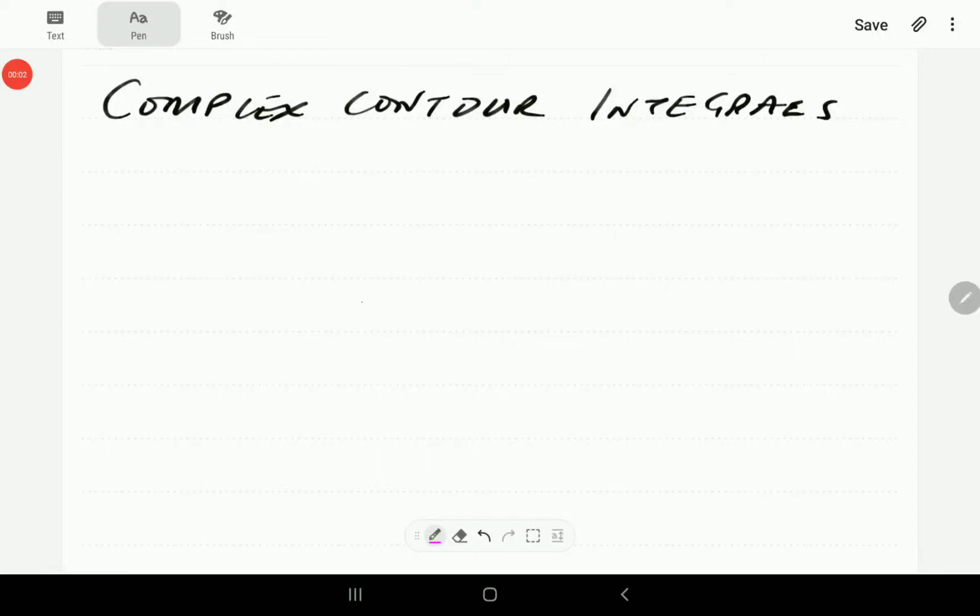Okay, this video is going to be the last in a series of videos where we're looking at how to evaluate complex contour integrals manually without using any theorems. So in the last three videos, we looked at this integral and we evaluated it along different contours.